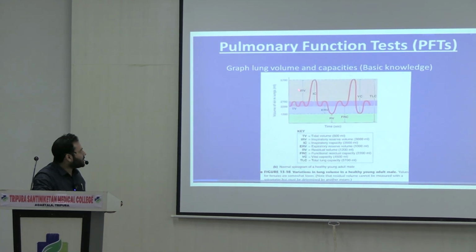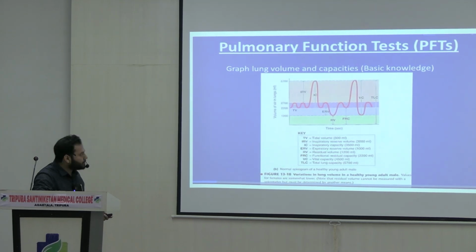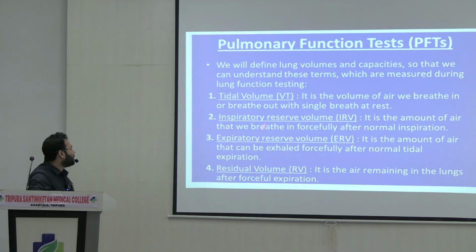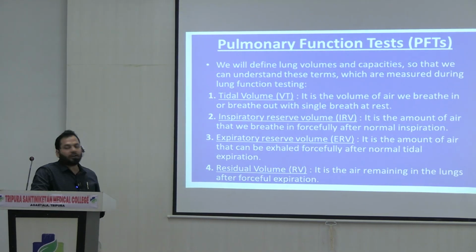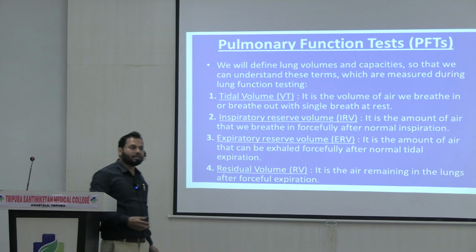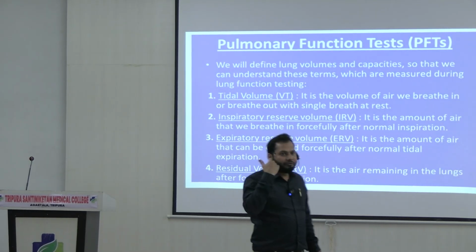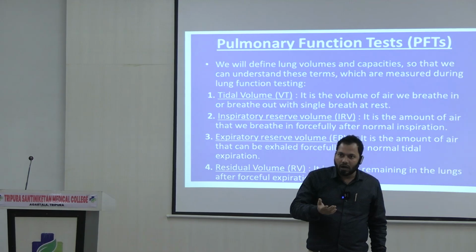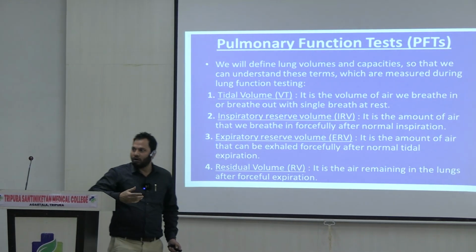Now comes the next part, that is inspiratory reserve volume. What is the meaning of inspiratory reserve volume here? It is the amount of air that we breathe in forcefully after normal inspirations. It means the person inhales normally first, and after that, during forceful inhalation, the person inhales a sufficient additional amount of air.